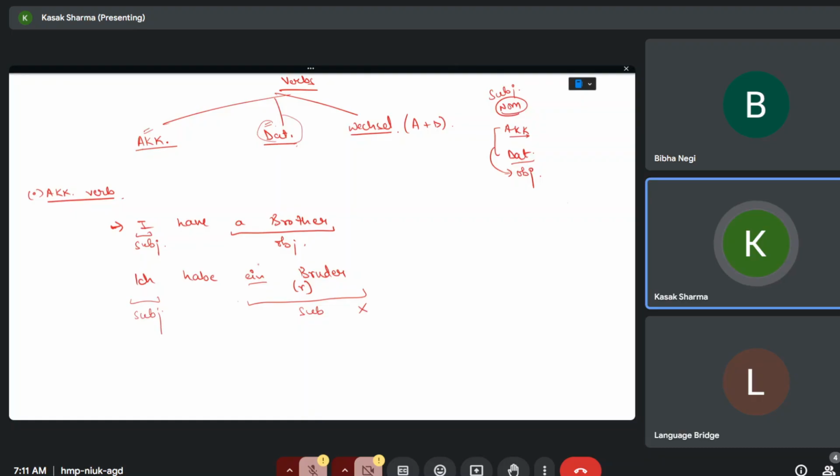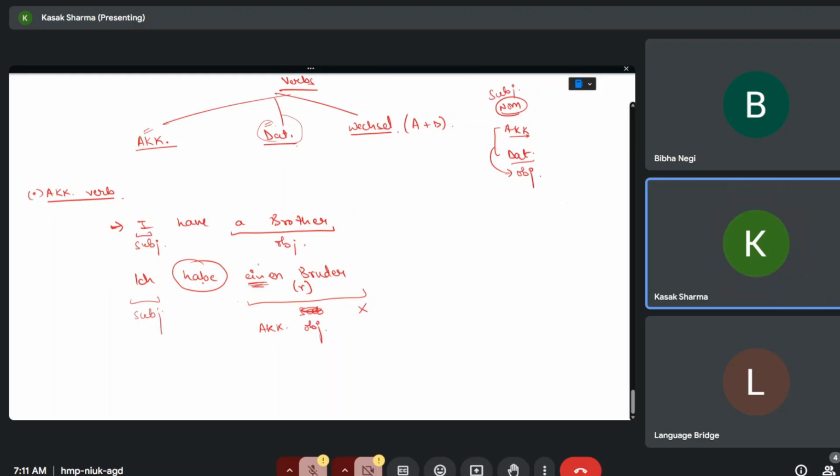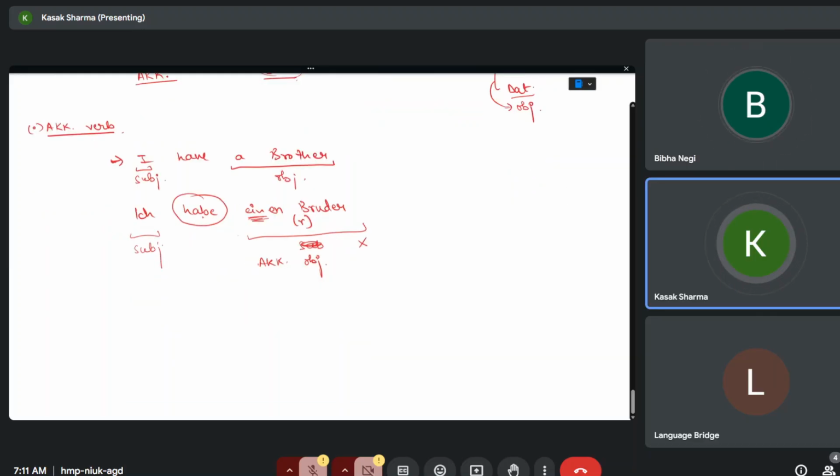That is not possible. So now it comes to the verb. If the verb is accusative, then the article of this Bruder will change according to accusative. If the verb is dative, then the article of this object will change according to dative. Haben is an accusative verb. It will be "einen". Correct? Now this becomes an accusative object. Till now understood? Okay.